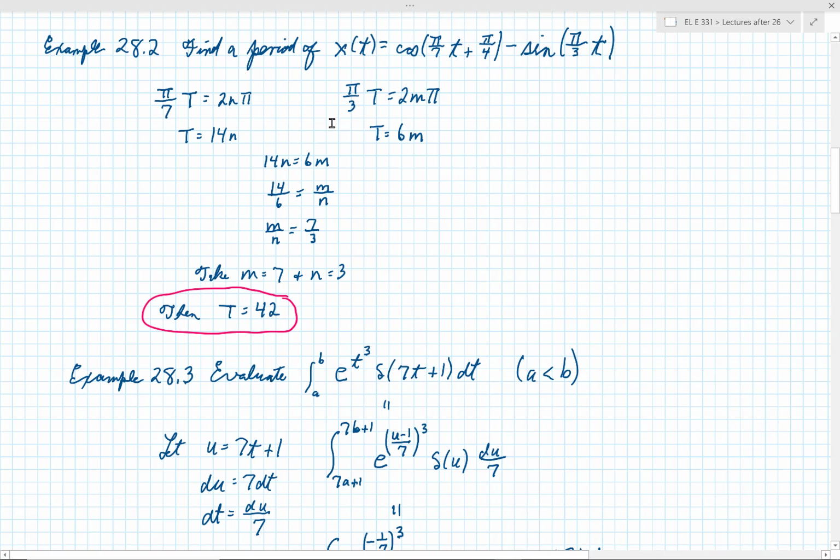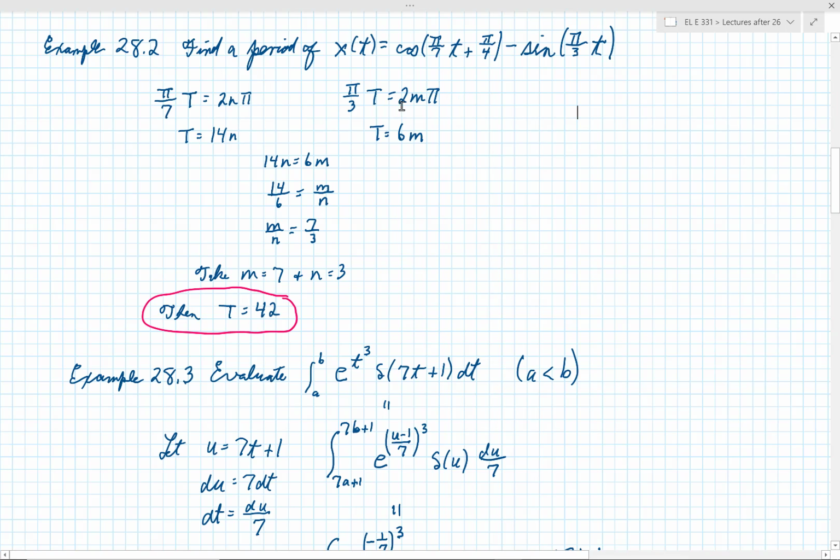So our strategy is to find some number that is a period of both of these. In order to be a period of the first expression, it must be the case that pi over 7 times T is equal to 2n pi, where n is an integer. And in order for capital T to be a period of the second expression, it must be the case that pi over 3 times T is equal to 2m pi, where m is an integer.